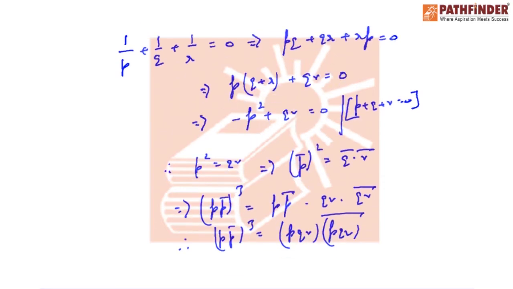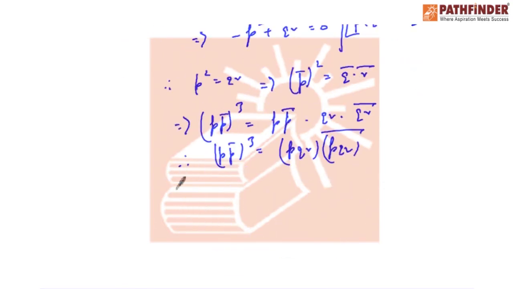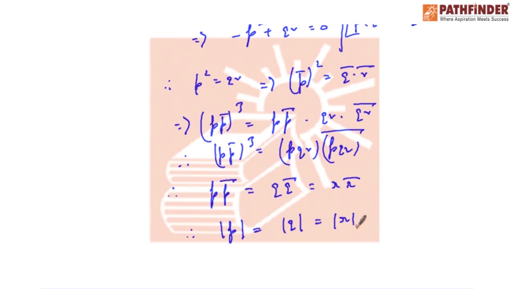Similarly, the others can also be obtained, and hence we can write that P bar cubed is equal to Q bar cubed, which is equal to R bar cubed. But we know that P P bar is mod P square, and therefore mod P is equal to mod Q, which is equal to mod R. That means the distances between the individual complex numbers are all the same. Hence we can deduce that these will be vertices of an equilateral triangle.